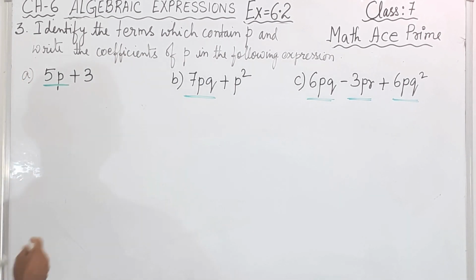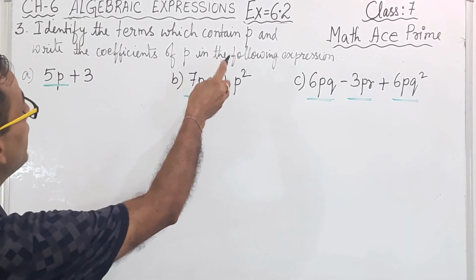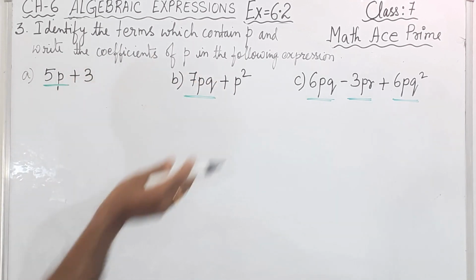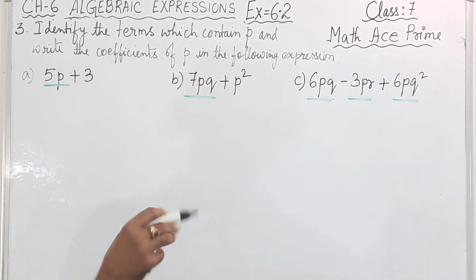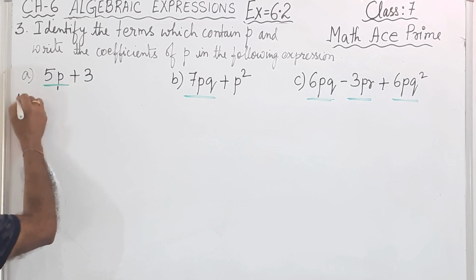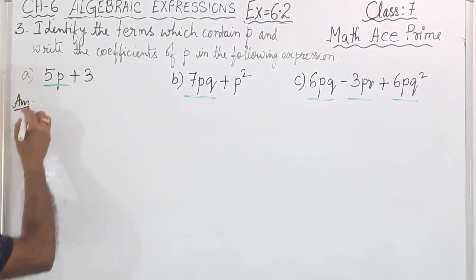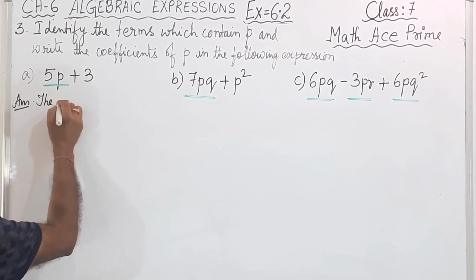Clear? No? Now what you are telling, which contain p, and write the coefficients of p. You have to write the coefficient of p also. Okay. So how I will write? I will write answer.